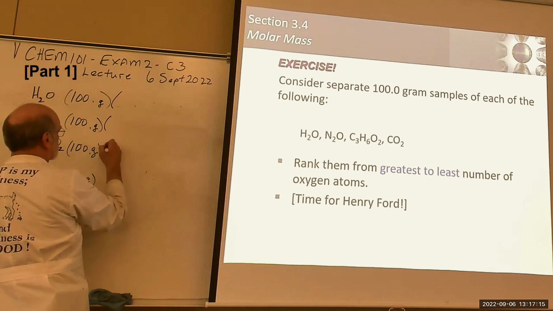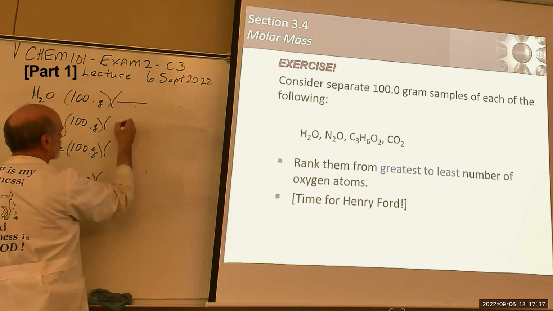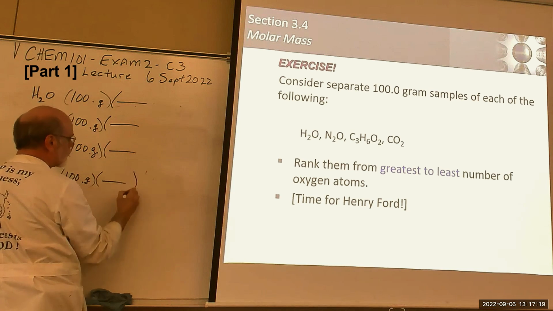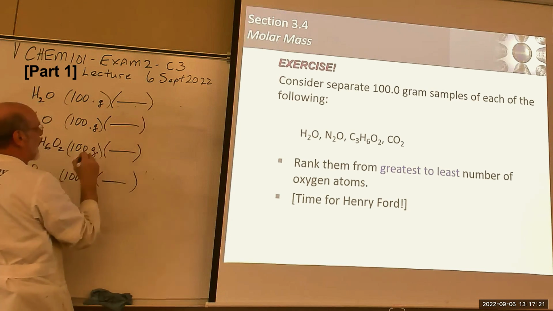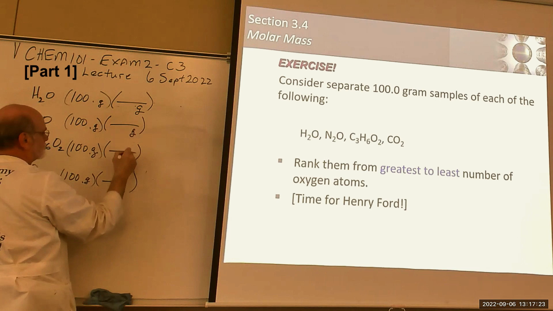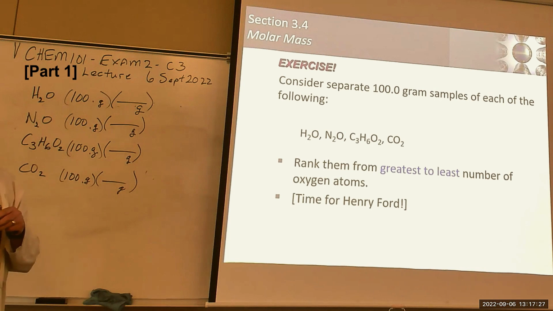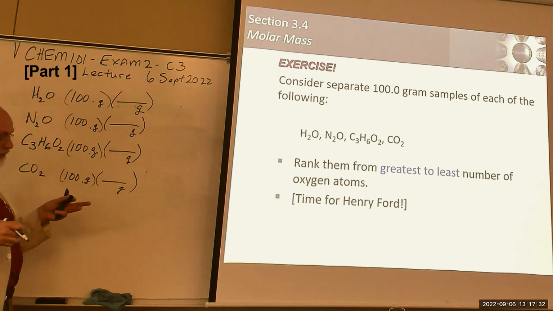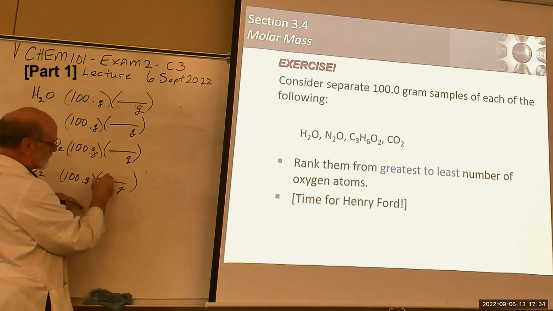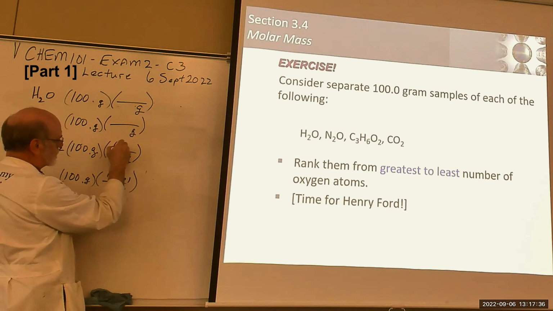And to do that, now we need to diverge just a little bit because each one has a different molar mass. And since molar mass is equal to 1 mole, we can flip it. Instead of grams per mole, we're going to say moles per gram. Right? Still going to have 1 mole on top.